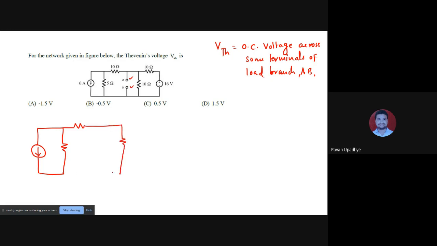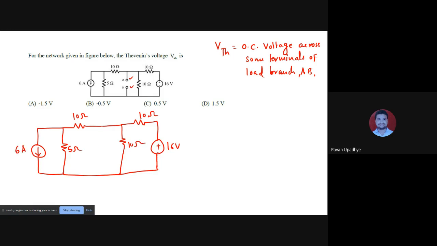And we will replace those branches by suitable replacements. So 16 volt is what is given, 10 ohm, 5, 10 and 6 ampere.